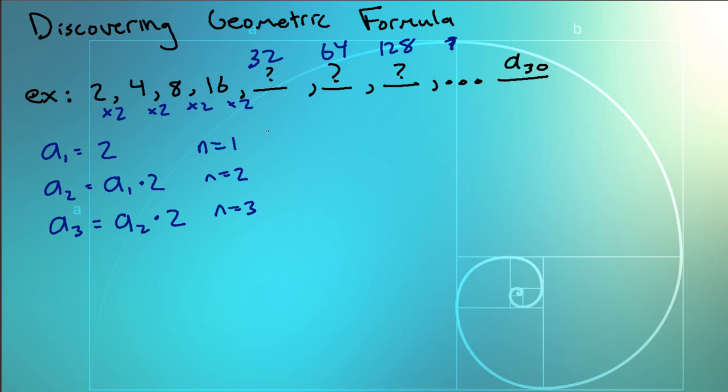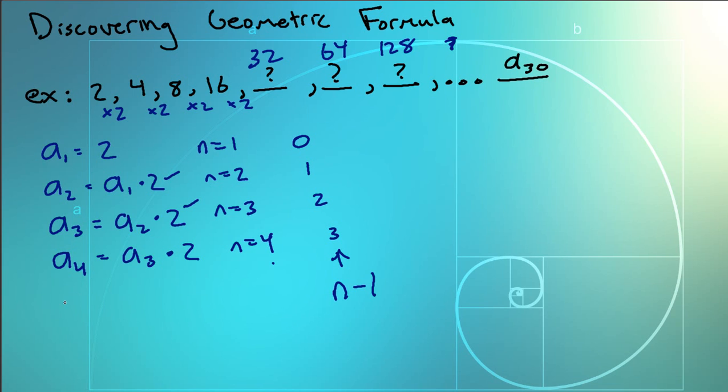Now, how many times have I multiplied by 2? On the first one, I multiplied by 2 0 times. Then 1 time. How am I getting that I multiplied by 2 on this third one 2 times? Well, this time and this time, right? So twice I've multiplied by 2 from the beginning. So a4 is a3 times 2. So n equals 4, and I've done 3. So this is my n column, and this is n minus 1.